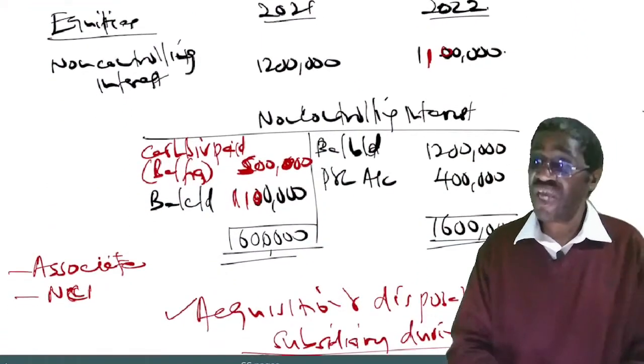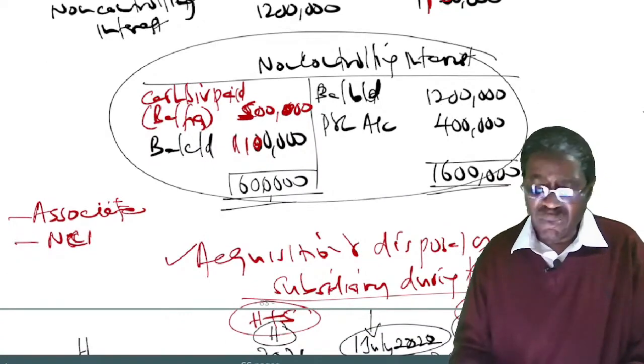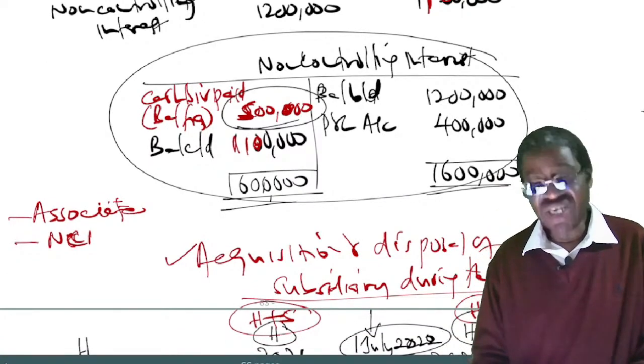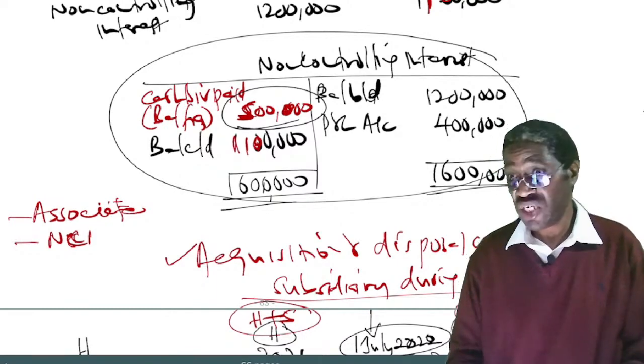When we prepared that account, we said whatever you get as a balancing figure in that account will represent the cash dividends paid to the non-controlling shareholders.